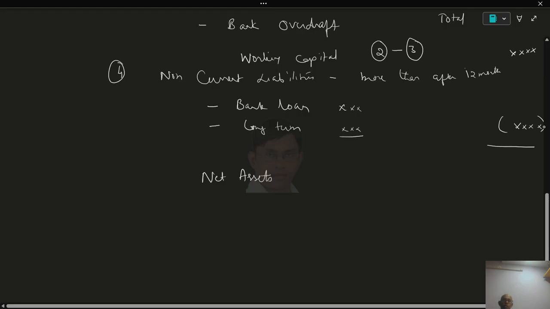Net assets. What are net assets? All working capital minus working capital. So net assets are nothing but non-current assets plus working capital minus non-current liabilities.